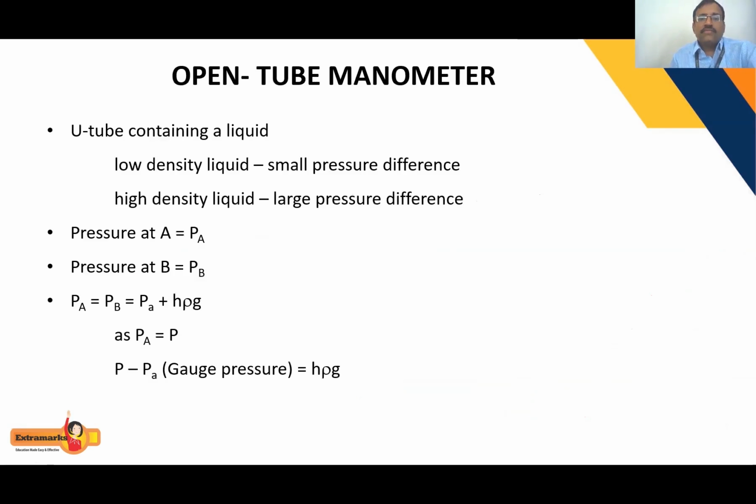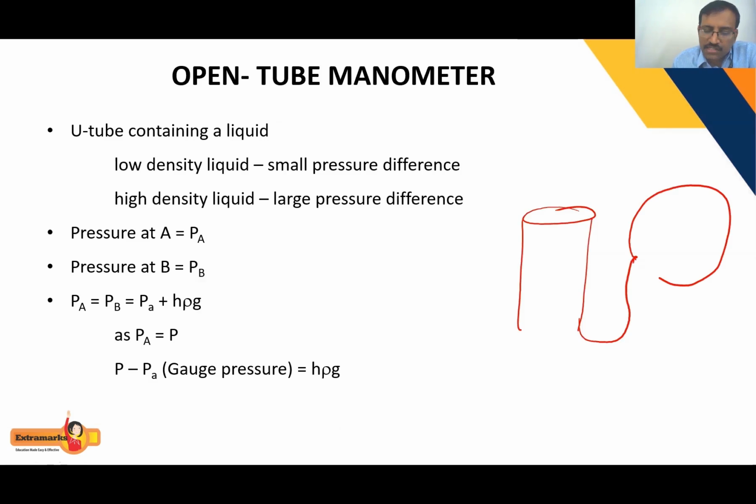Next, the open tube manometer. Let us see the shape first. Open tube manometer means one side is open, the other side is closed, like this. Mercury is there here, and here also. So pressure at A is atmospheric pressure only.